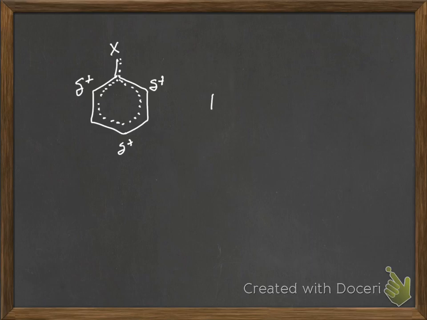And then we have got our electrophile. All right? Now, that means that the ortho and para positions have no attraction to the electrophile.